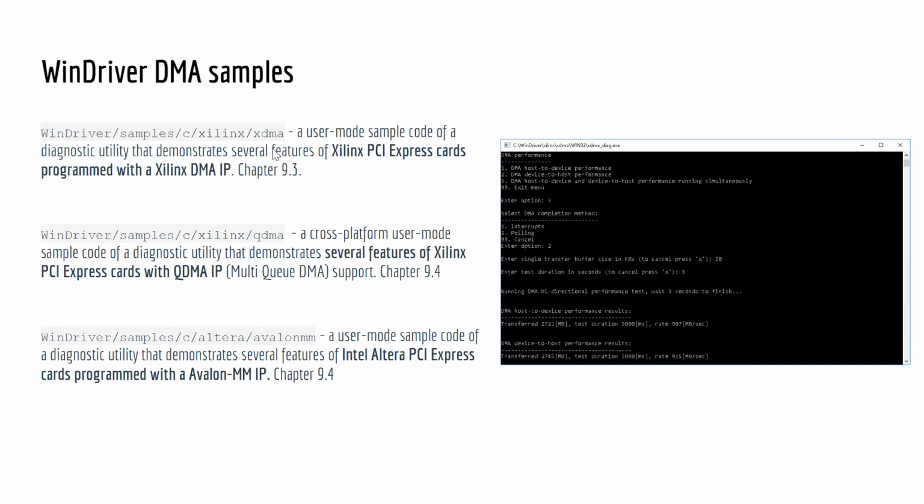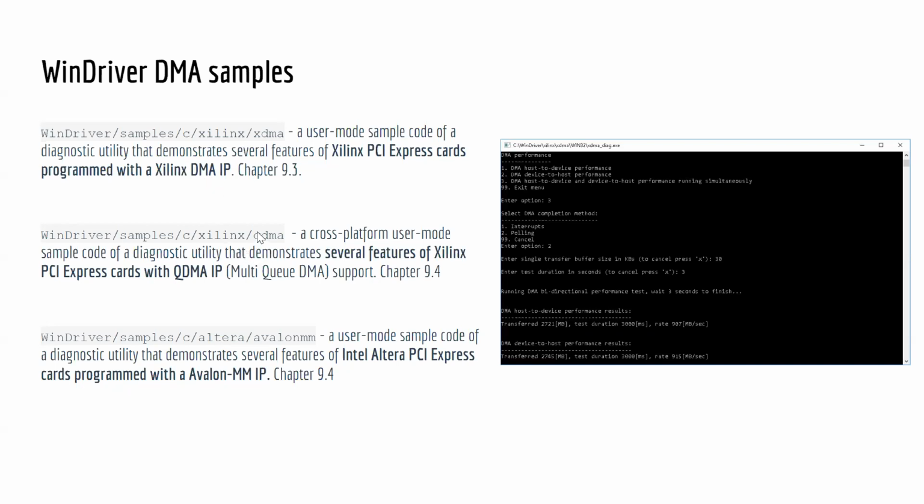The Xilinx XDMA sample we will utilize today is a user mode sample code of a diagnostic utility that demonstrates several features of a Xilinx PCI Express card programmed with Xilinx DMA IP. So if you have a Xilinx PCI card and you have the DMA IP by Xilinx, these samples were written for this IP.